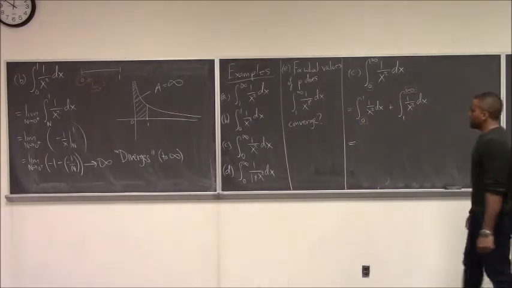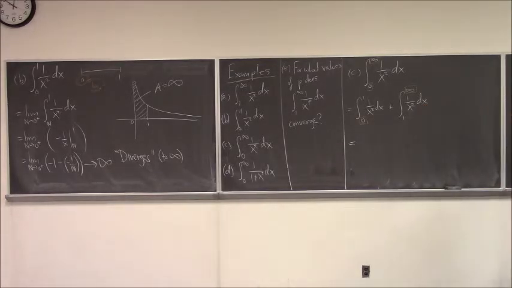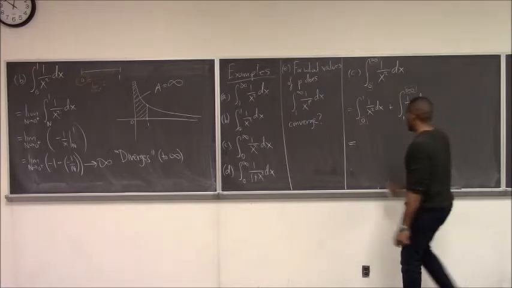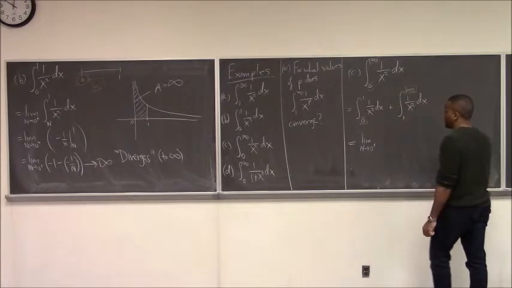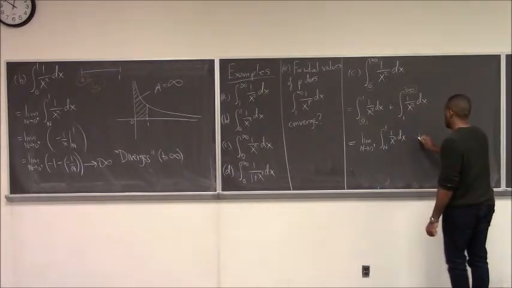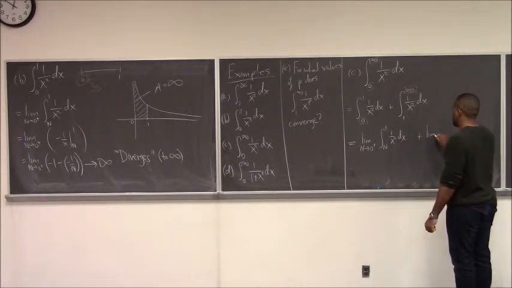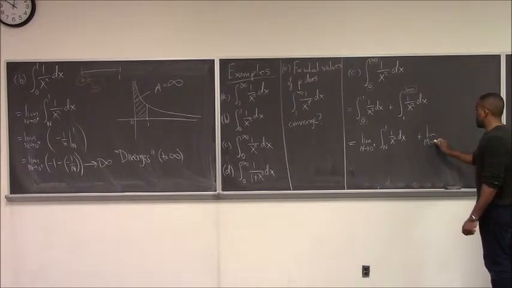What you would do at this point is you want to do each of these bad points separately. So you'll set up a separate limit for each of them. So let n go off to 0 from the right, integrating from n up to 1. Plus the limit, let's measure this with a new guy, call it m. m goes off to infinity from 1 to m.